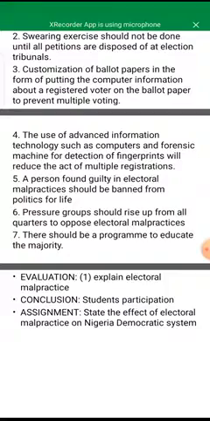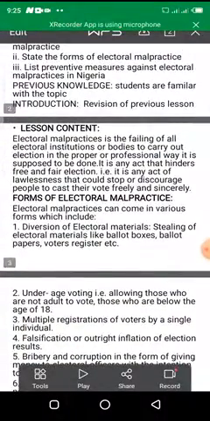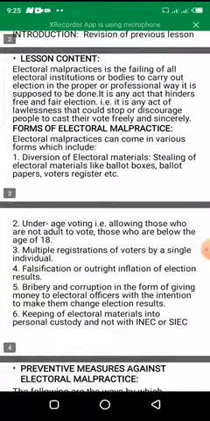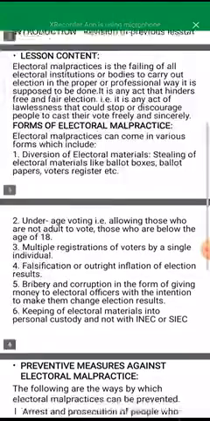All right. Before we go, I told you that electoral malpractice is the failing of all electoral institutions or bodies to carry out election in the proper or professional way. And forms of electoral malpractices, you have diversion of electoral materials, stealing of electoral materials like ballot boxes, ballot papers, voters' register, and so on and so forth.